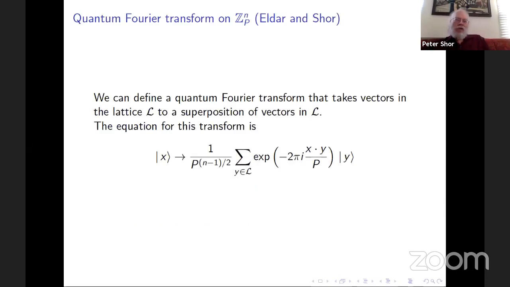And now we have a quantum Fourier transform on these lattices. And this is where the magic comes in. So this quantum Fourier transform is really only delta different from the regular quantum Fourier transform. And you can prove properties of this quantum Fourier transform by using the properties of the regular quantum Fourier transform.